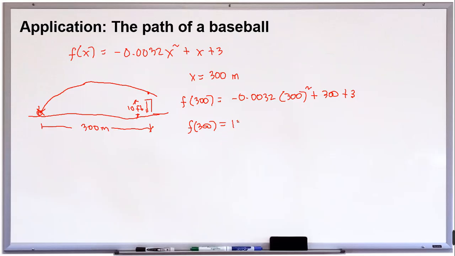Okay, that's 15, and the unit for this one is feet. So at x equals 300 meters, we found out that the height of the baseball is 15 feet, which is way above the height of the given fence, which is 10 feet.